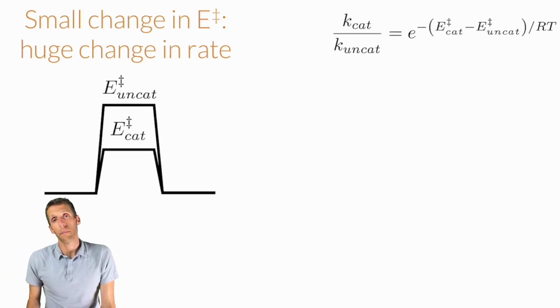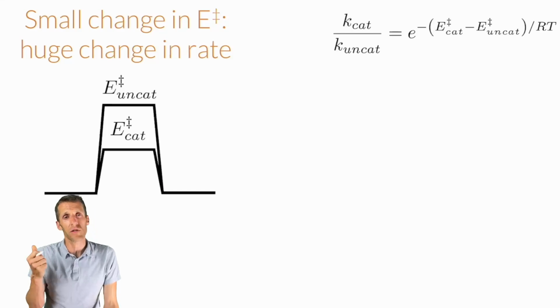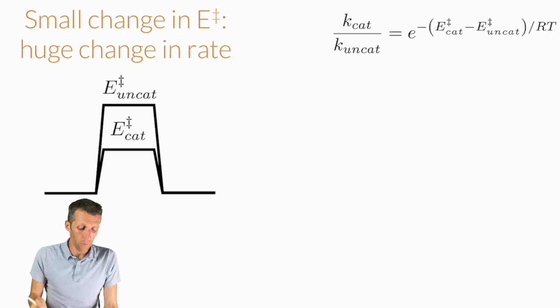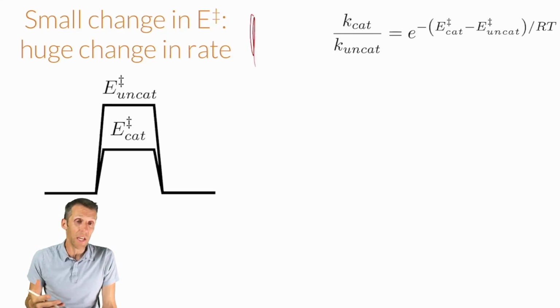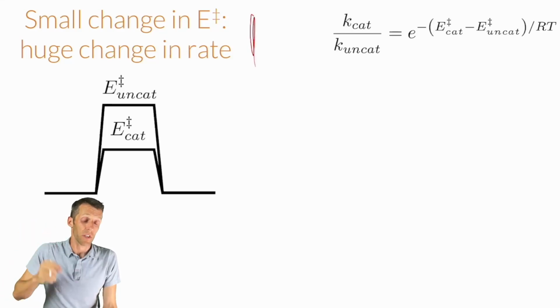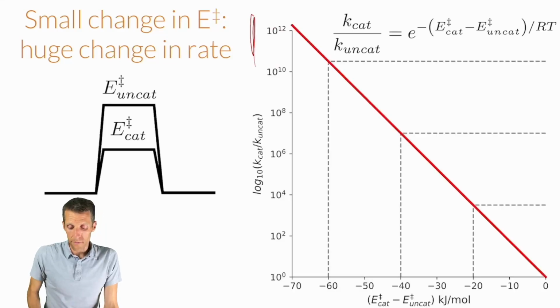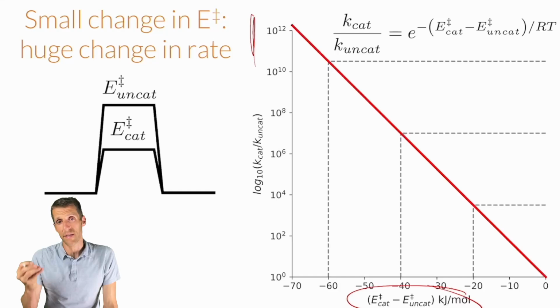One of the things that's really nice about this relationship is it lets us understand the sorts of energetic changes that an enzyme needs to make to get to a particular outcome. And the overall thing we're going to find here is that a small change in the activation energy can give a huge change in rate. So all I've done here in this graph is plot this difference: what's the difference in the catalyzed energy barrier versus the uncatalyzed energy barrier, the activation energy?